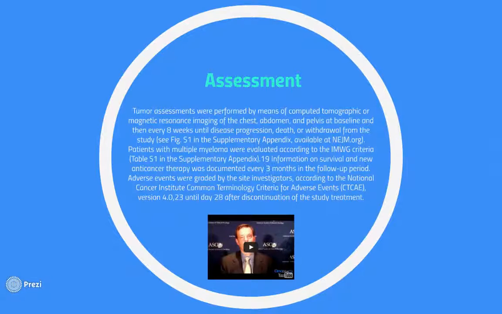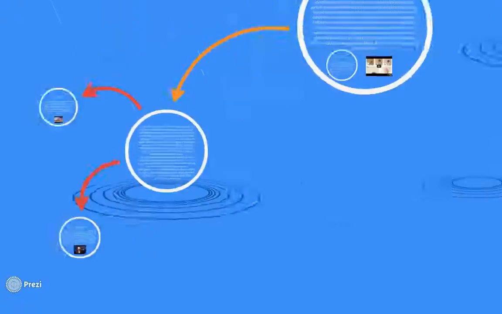Information on survival and new anti-cancer therapy was documented every 3 months in the follow-up period. Adverse events were graded according to the National Cancer Institute Common Terminology Criteria for Adverse Events, version 4.0, until day 28 after discontinuation of study treatment.